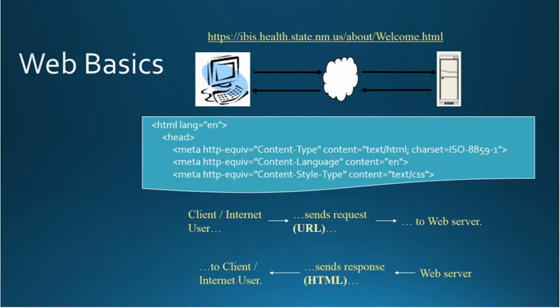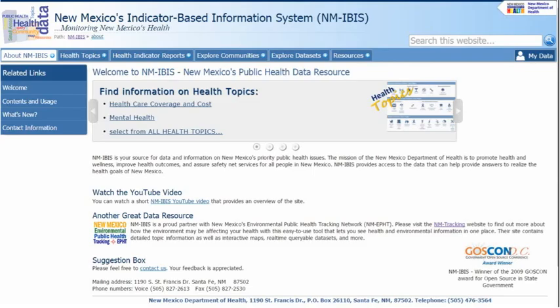So the HTML that was requested, that was sent to the user, gets displayed in the user's browser. The browser was designed to read and interpret HTML. So everything we do in IBIS-Q content development is designed to control what is available on the server and to make it accessible to the user.